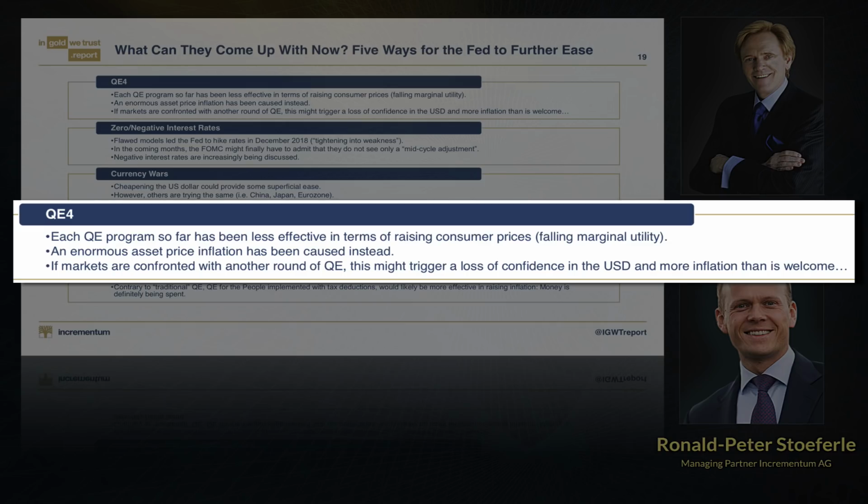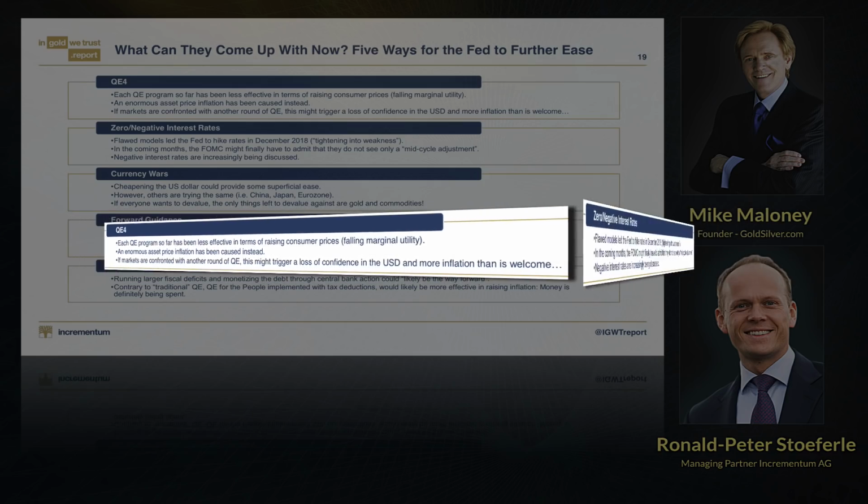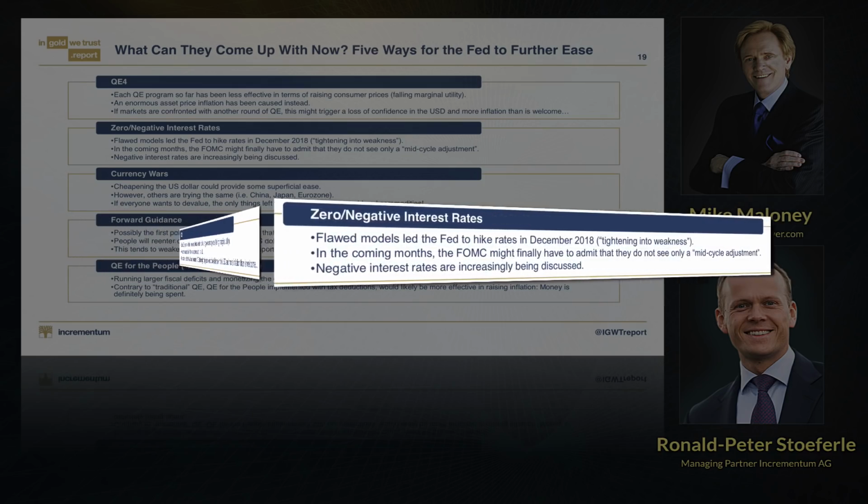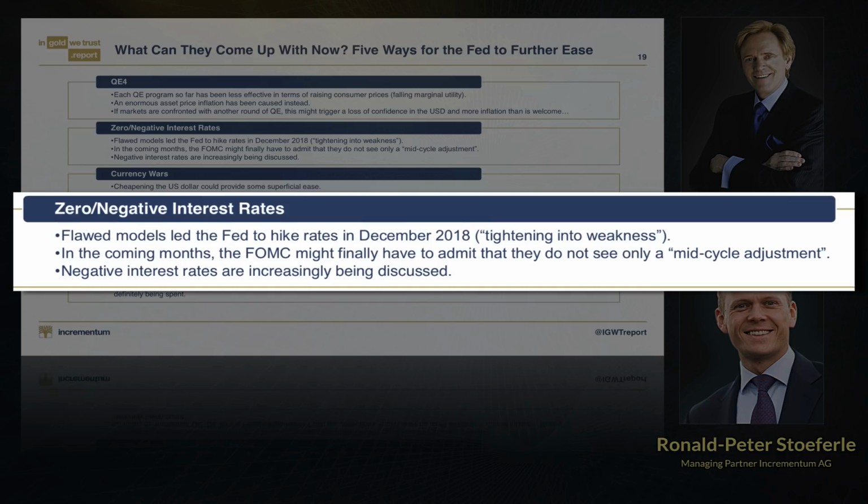So the QE got bigger and bigger every time to see some effect. And I've got no doubt that in the next crisis, whenever it's gonna really start going, the Federal Reserve will have to be very aggressive. The next thing would be zero or negative interest rates. I think it's pretty obvious that it is not just a small phase where they're lowering rates.